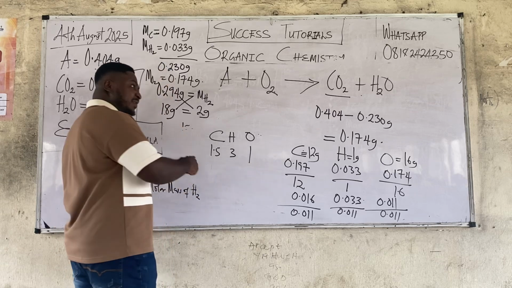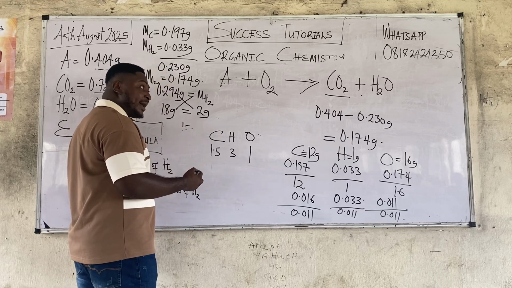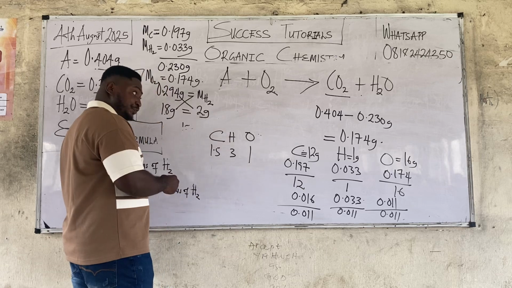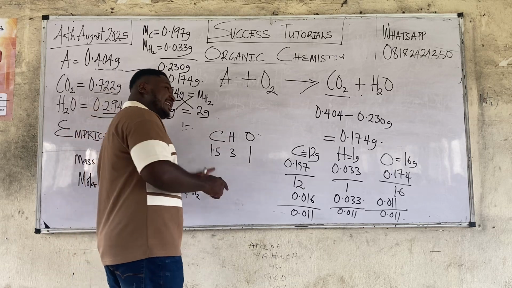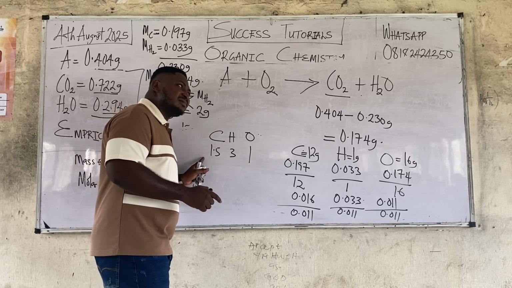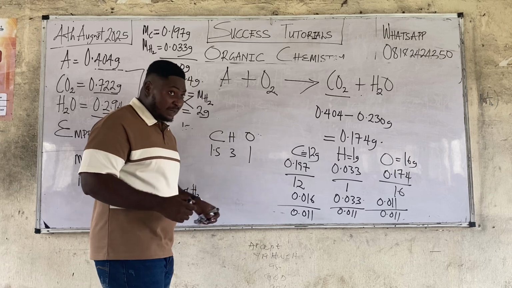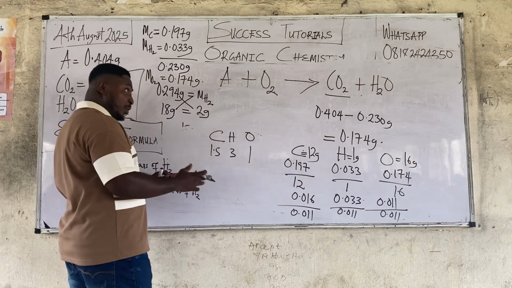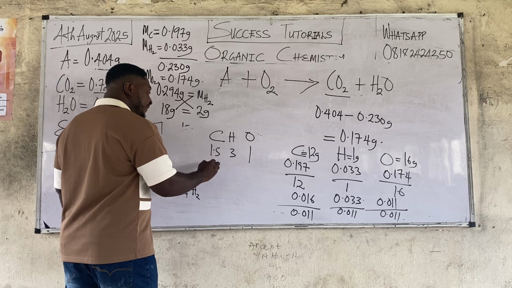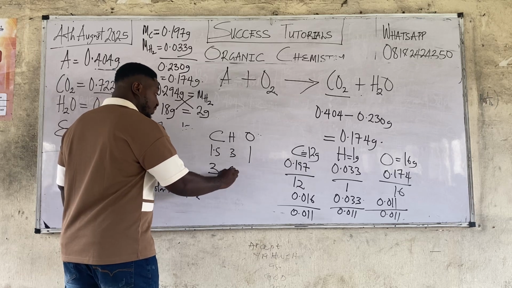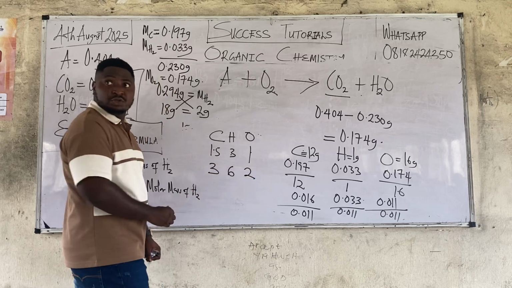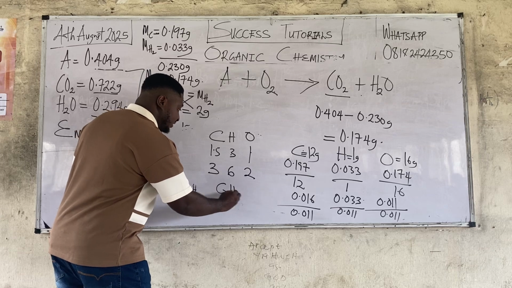Multiply everybody by 1, you have the same thing. After 1, what is the next smallest number? Multiply everybody by 2. You only do this when you have a decimal that cannot be gotten rid of by dividing by the smallest, so that everybody becomes a whole number. So multiply everybody by 2. 1.5 times 2 is 3, 3 times 2 is 6, 1 times 2 is 2. So your empirical formula is now C3H6O2.